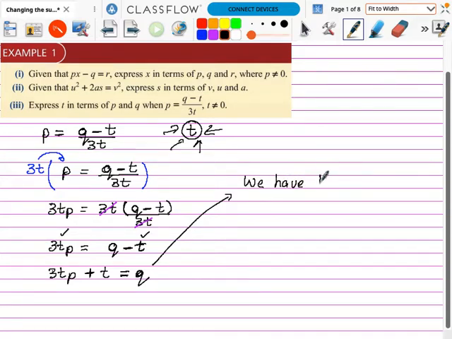We have to get the t on its own. We have to isolate it. And there's only one way to isolate an algebraic expression in mathematics. Only one way. And the method is quite simply factorization.